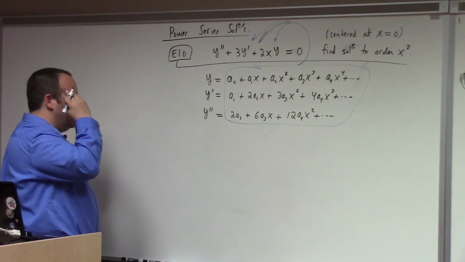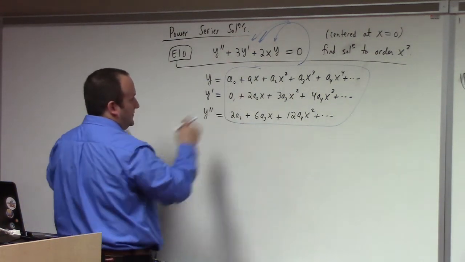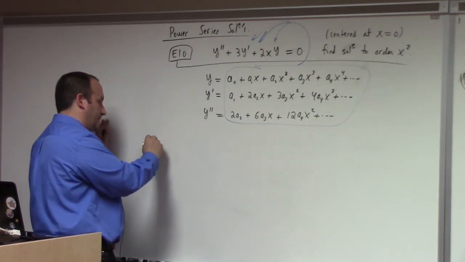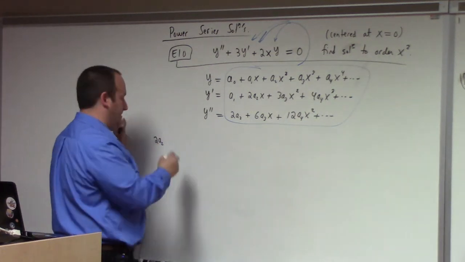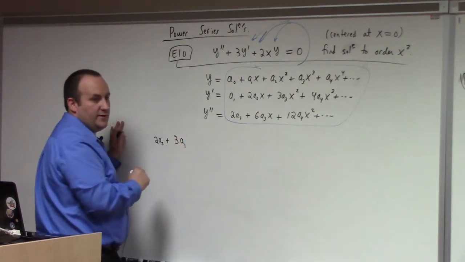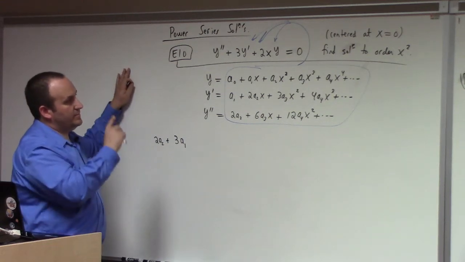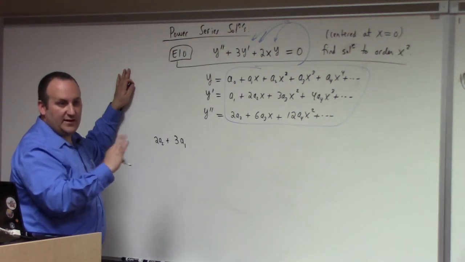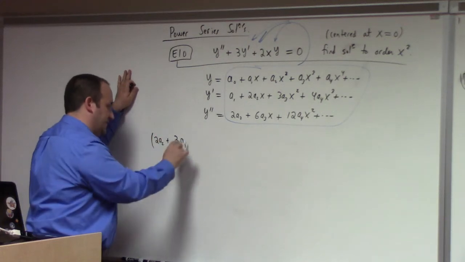What I'm going to do is start with the constant terms. From y'', what constant term do I have? 2a2. What constant terms do I have from 3y'? 3a1. Are there any constant terms from the third piece, 2xy? No, there aren't. That x kills any hope of a constant term being in there. Them's your constant terms.